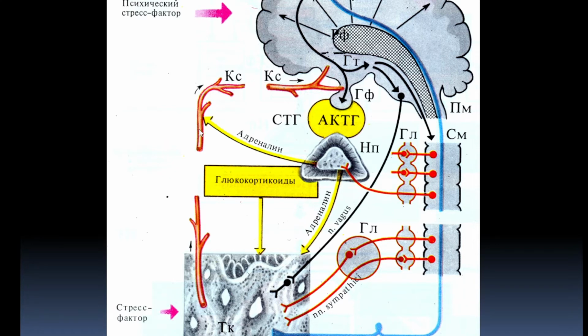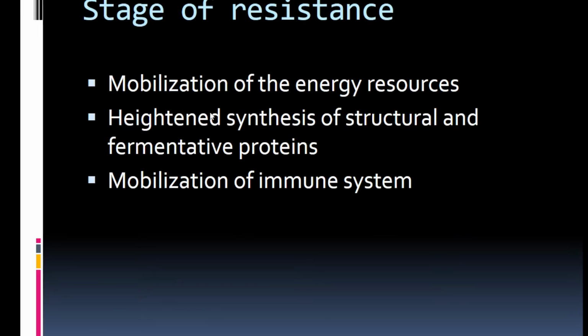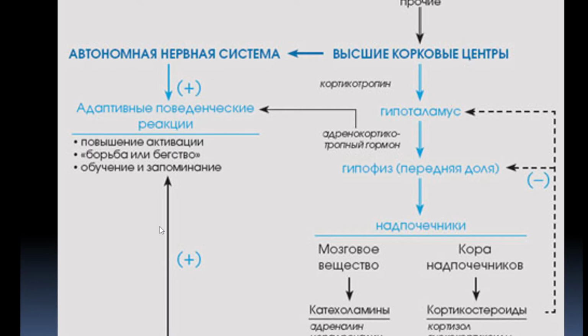And it's the neurohumoral provision of this stress reaction. The stage of resistance, I told you already, is due to the action of glucocorticoids. We have continuation of mobilization of energy resources, heightened synthesis of structural and enzymatic proteins, and mobilization of the body's systems. That's why during this stage we have high resistance of the organism to the action of other external factors.